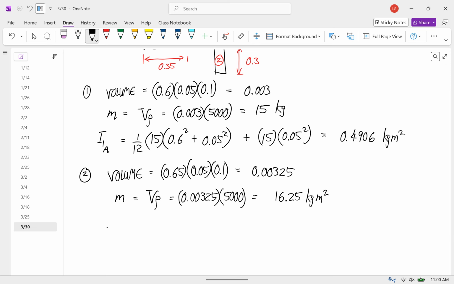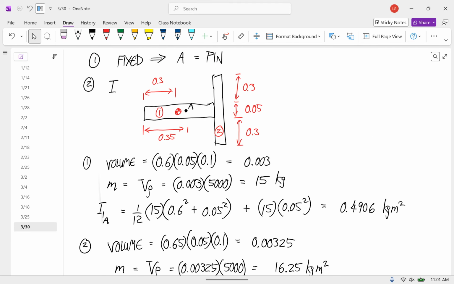And so the moment of inertia of the second rectangle about A is 1/12 times 16.25 times the quantity 0.65 squared plus 0.05 squared, plus the parallel axis theorem part. So there's the mass.